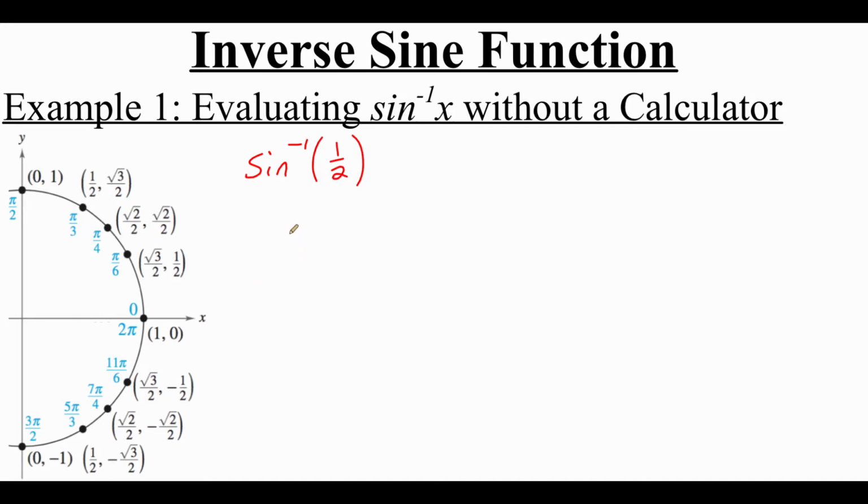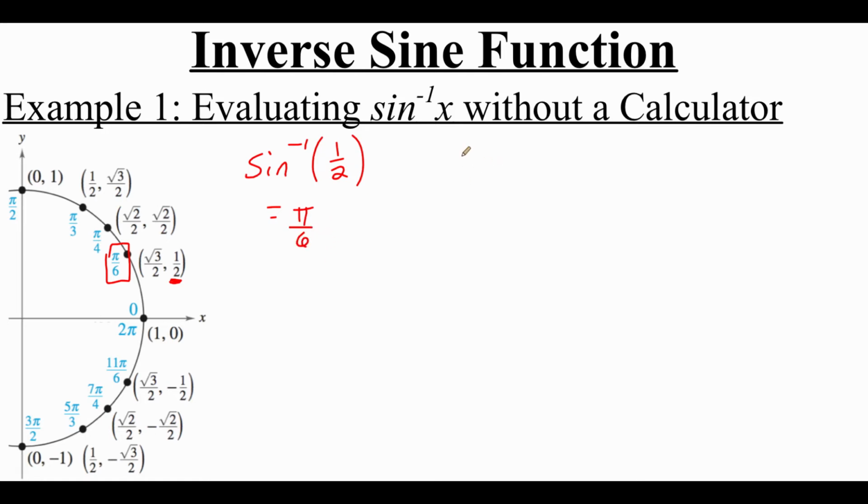Remember, the sine value is the y value from the ordered pair. So we're looking for a y value of 1/2 on our circle. I see a y value of 1/2 happening right here. The answer we're trying to find is the angle where that happens, and the angle where we have a y value of 1/2 is pi over 6. So the inverse sine of 1/2 is pi over 6.